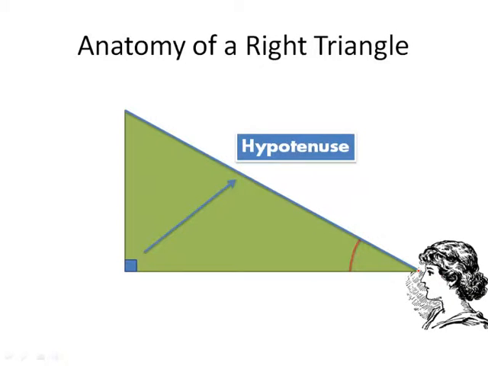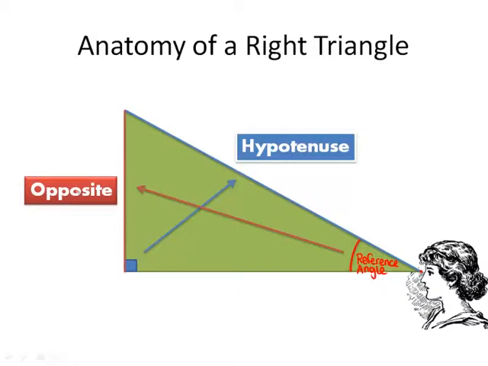Now, if we chose this tip here, where the lady is looking, and we chose that to be our angle of reference, so here's our reference angle, then exactly the side that she is looking at is called the opposite side because it's opposite to the angle of reference.